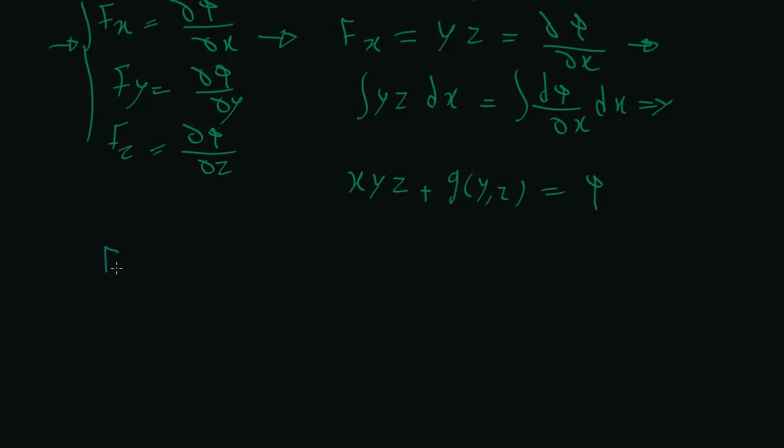Fy is equal to xz, and should be equal to the derivative of phi with respect to y, which is here xz plus the partial derivative of g with respect to y, because we took the derivative with respect to y from both sides of this equation. So now xz cancels out with xz.